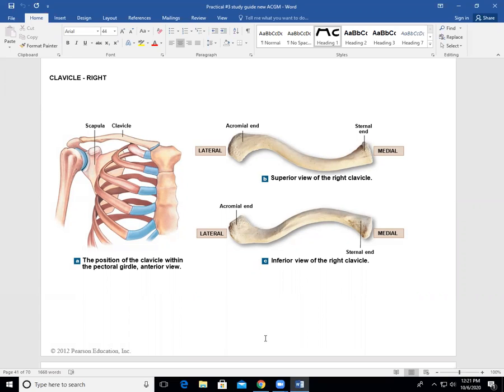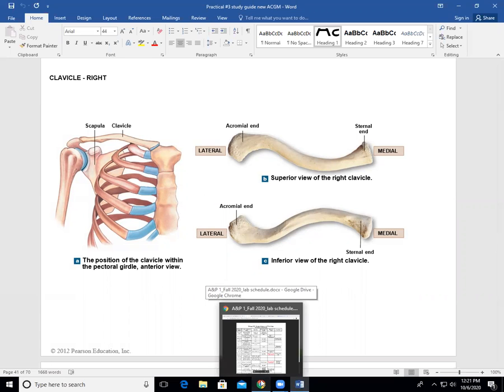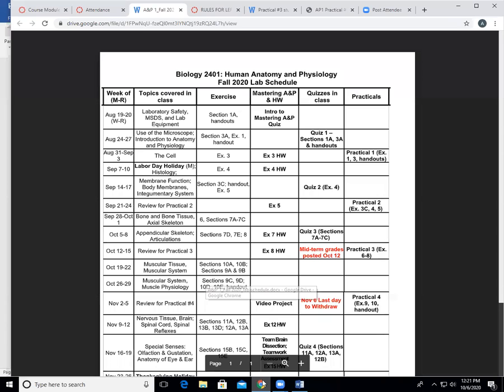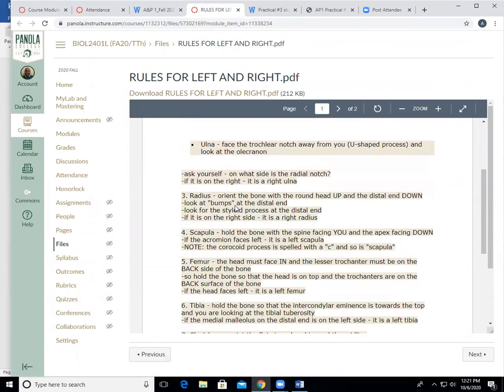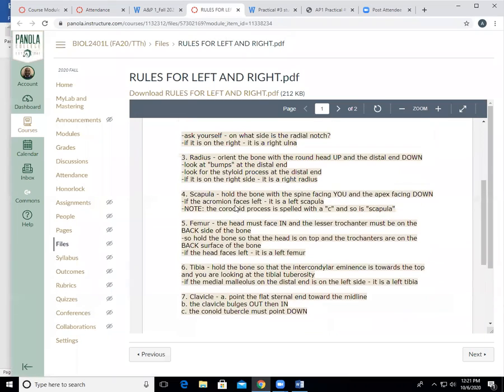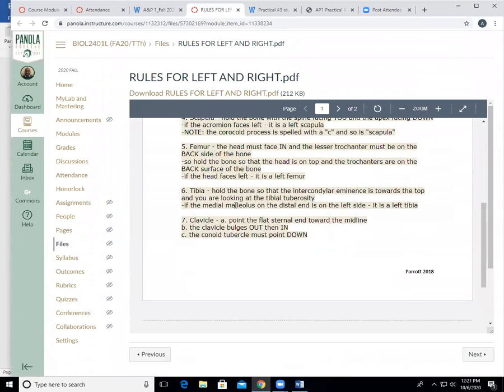Okay, so then the question is, how do you know if you have a right clavicle or a left clavicle? So let's look here, rules for right and left. Let's see, scroll down to, there's clavicle. So you're going to point the flat sternal end toward the midline.